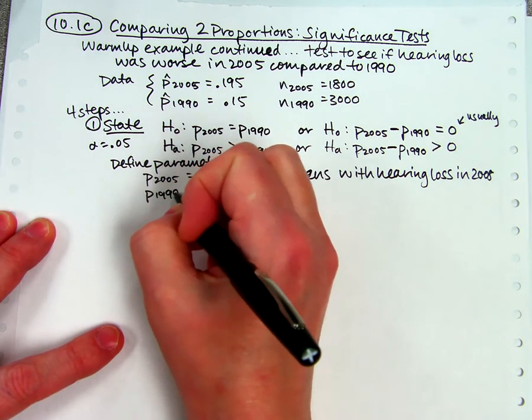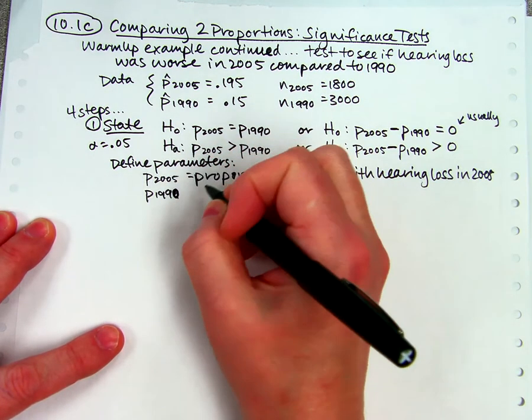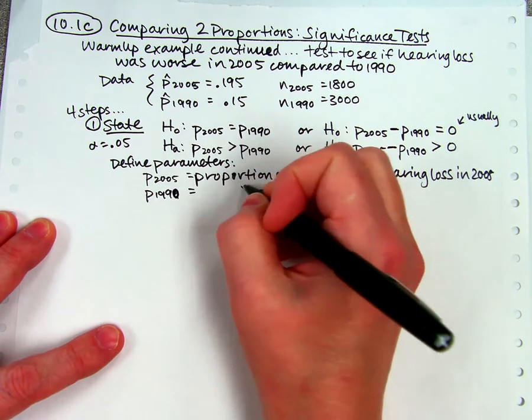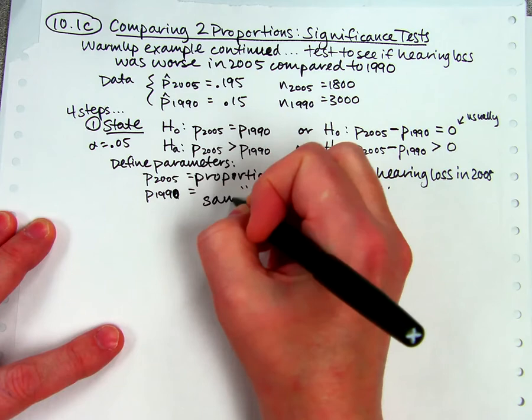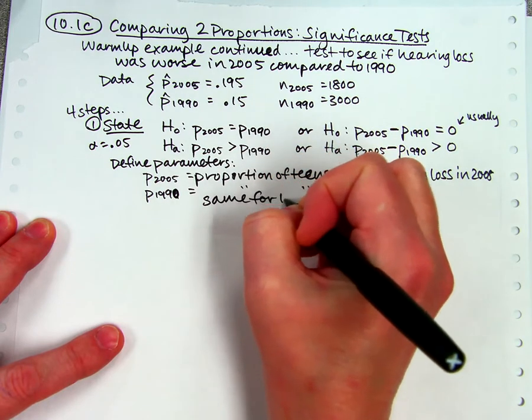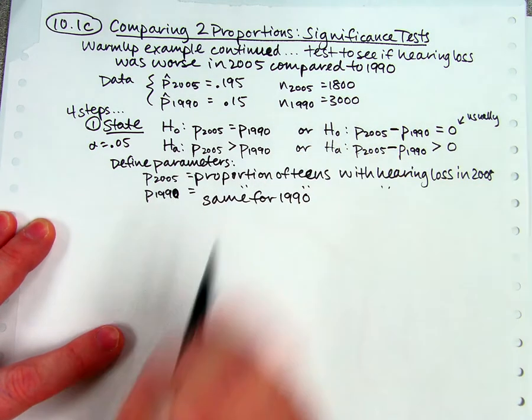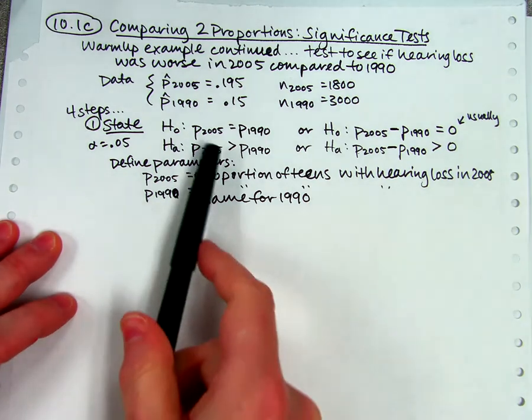You don't have to write it all again if you don't want to. You could just put little quote thingies, or you could say same for 1990.